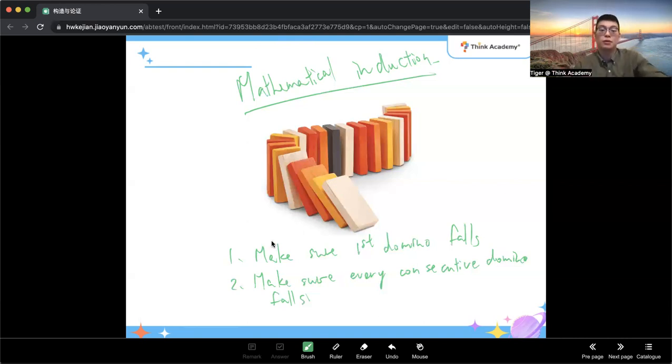So, what can we conclude after that? It means that if the first one falls, all fall. That's the outcome for mathematical induction, which is I just need to find a starting case.